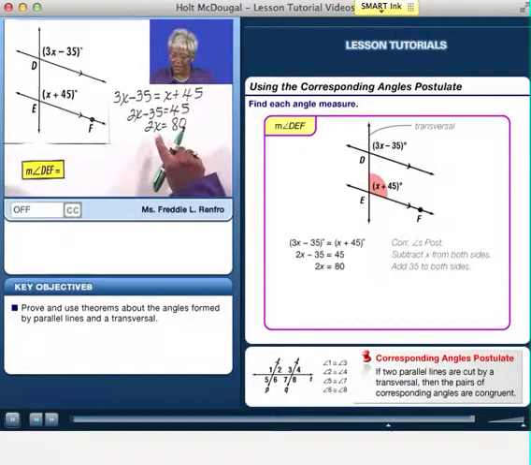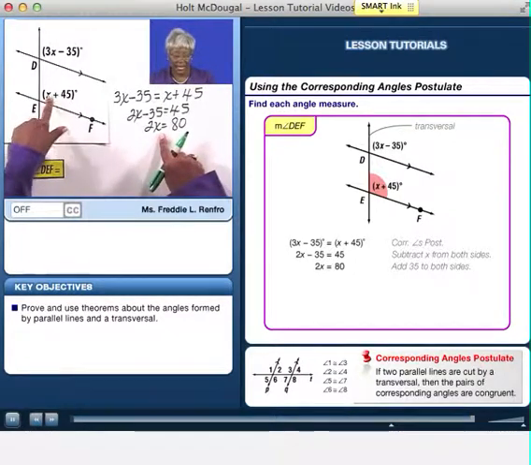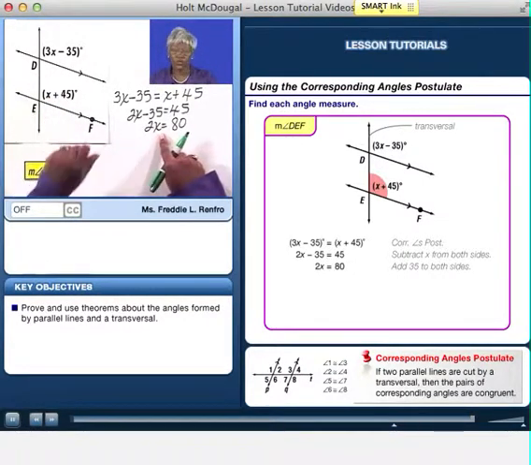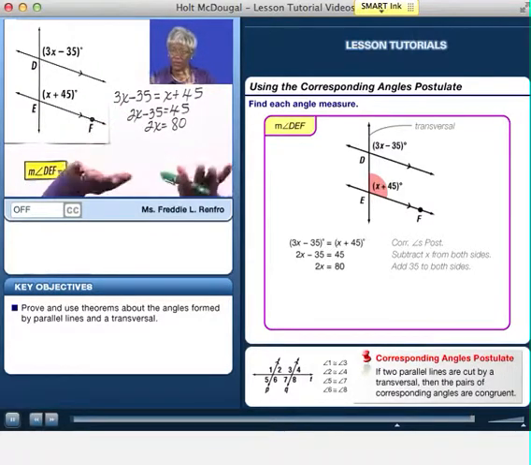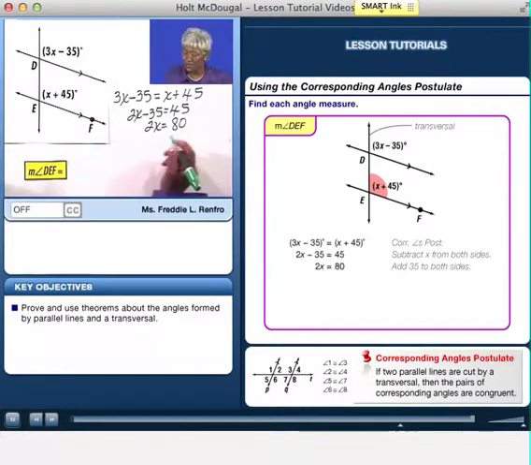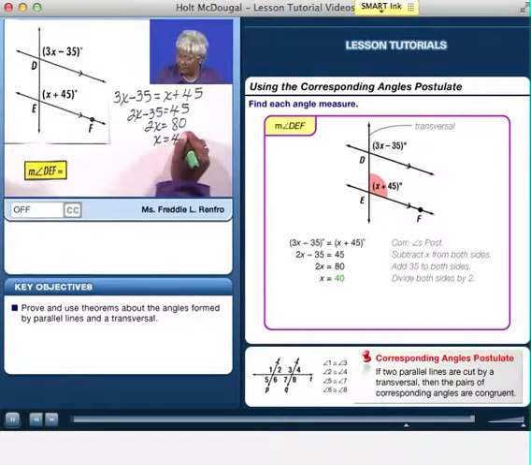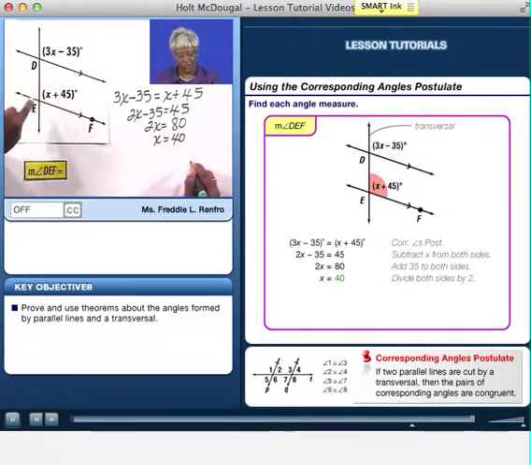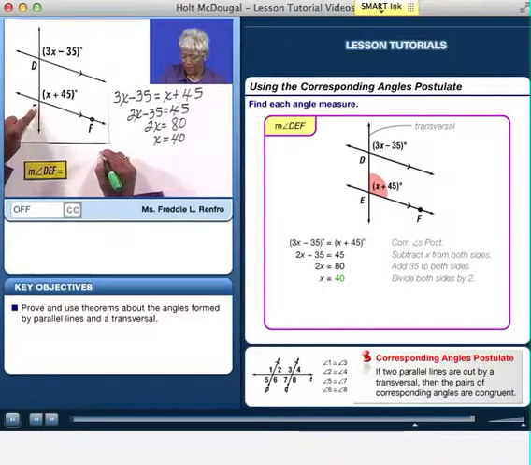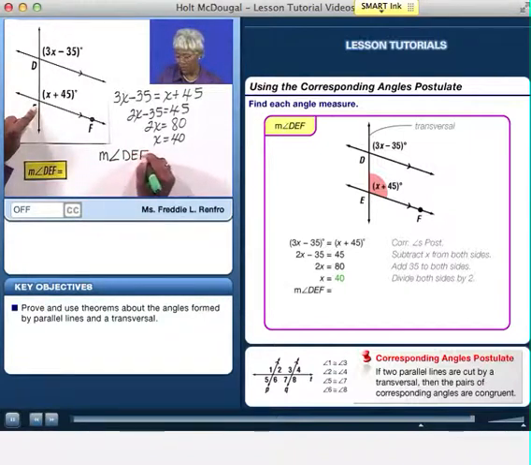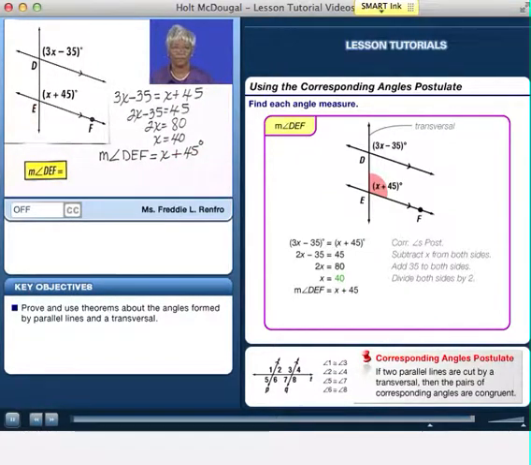If I can find the value of x and substitute it back here, then I will know the measure of angle DEF. So I'm moving along. Divide both sides by 2, and x is 40. Now, let's go back. The measure of angle DEF is equal to x plus 45 degrees.